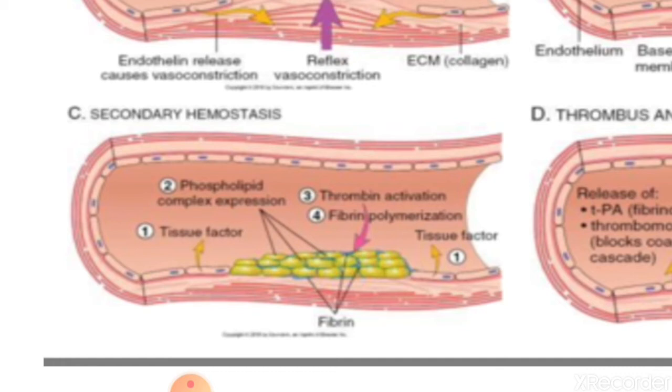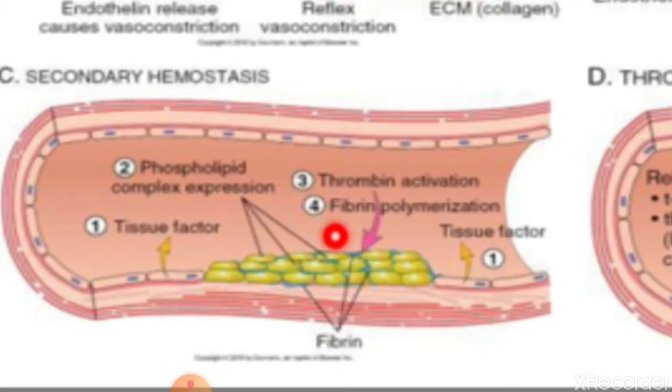The aim of secondary hemostasis is to make the platelet plug stronger, and in order to form the fibrin, what we call the fibrin meshwork, which comes in between the platelets. This is the fibrin meshwork or fibrin thread, in order to strengthen and stabilize the platelet plug.